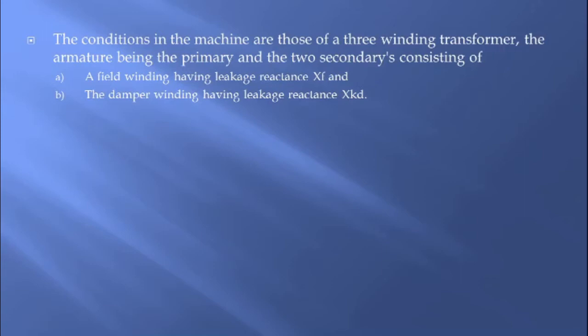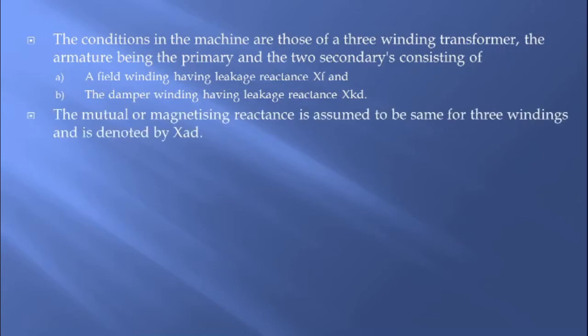Now the conditions where the three windings are there are such that, first of all, which winding will appear, and then how these reactances will be cut off from the equivalent circuit. Here there is a field winding reactance XF, damper winding reactance XKD, and the armature winding reactance represented by XAD.